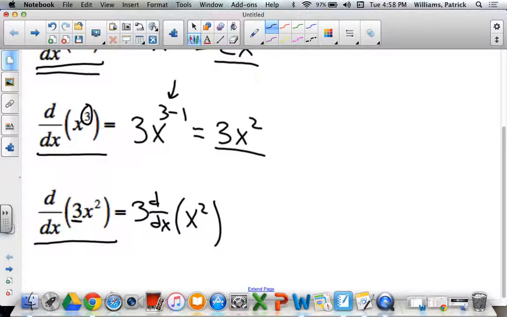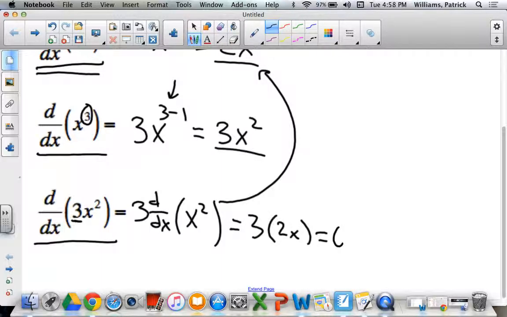We just pulled that constant out. So, well, we found the derivative of x squared back up here, so we know this will just end up being 3 times 2x, or 6x. Again, this step right here was just to show you how we can pull the constant out. You don't have to do that every single time. If you wanted to go from this derivative in the form it was right here and just go straight to 6x, that's fine. There's nothing wrong with that.